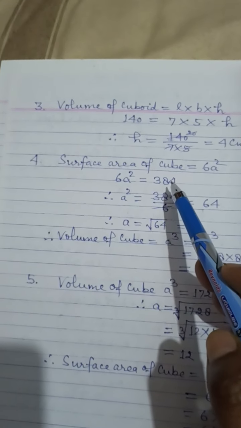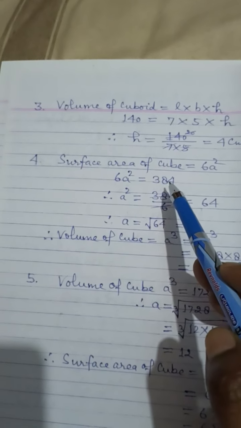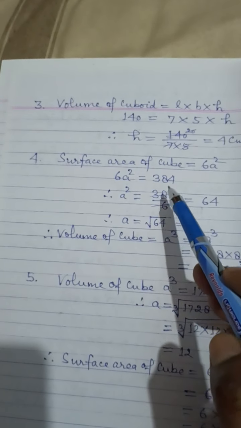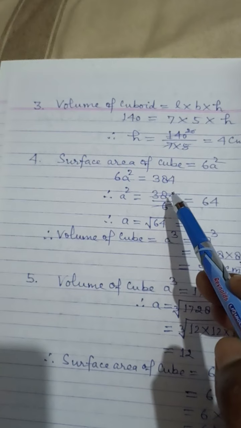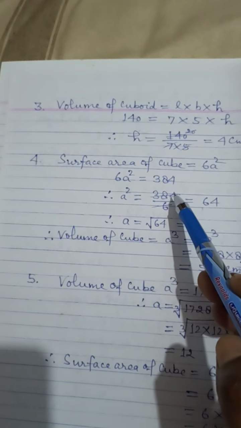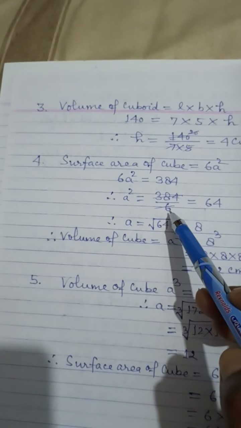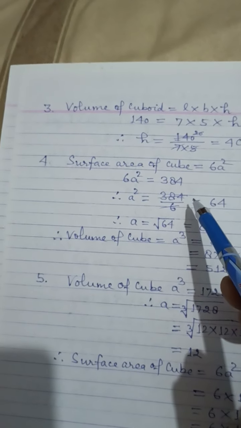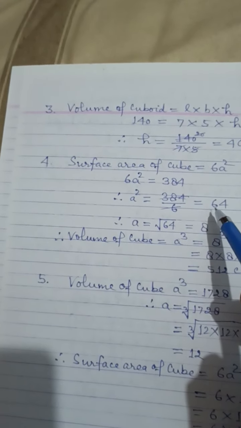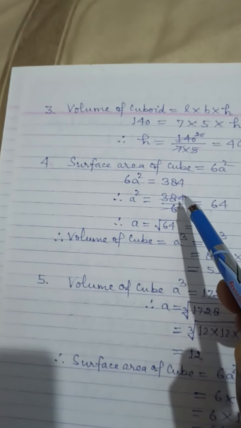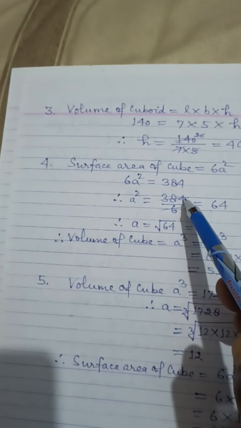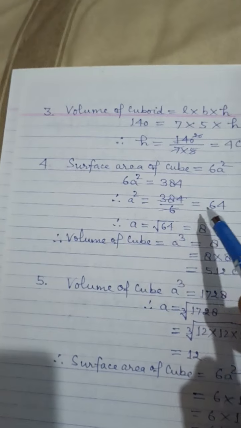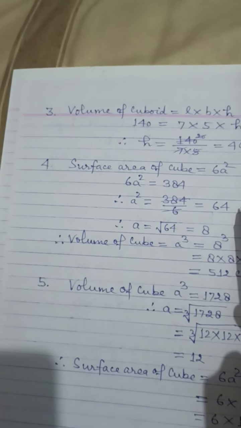Therefore a square is 384 upon 6. Divide 384 by 6. 6 6s are 36, 6 4s are 24. So you will get 64.